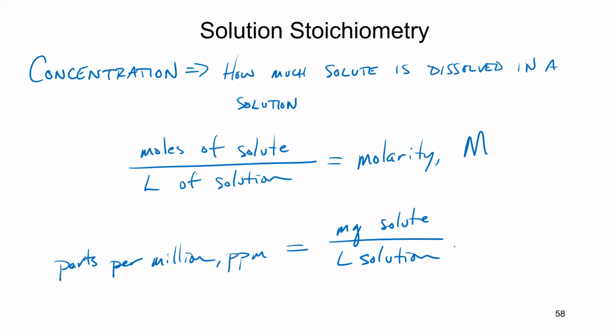Okay. Since a liter weighs a kilogram, 1/1,000,000th of a kilogram is a milligram, and so 1 milligram in a liter is 1 part per million. So that is a concentration unit that uses mass, but it's hard to go back and forth from one compound to another when we're doing masses. So we're going to stick most of the time to molarity.